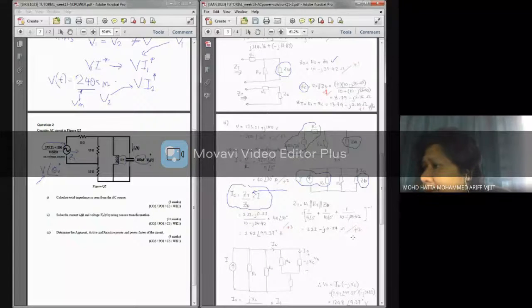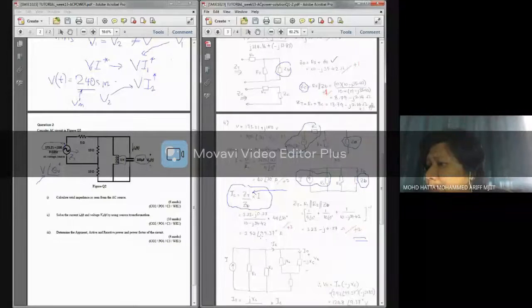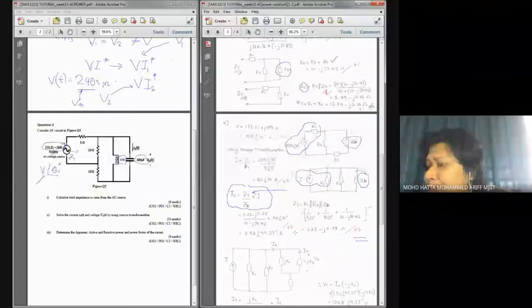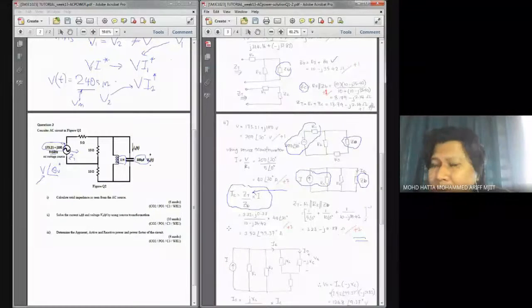The way we calculate that one, that's why I am considering giving about 2 marks to students. And this also I will give 2 marks to students because it is not that easy. You will see that my calculation here is very simple.